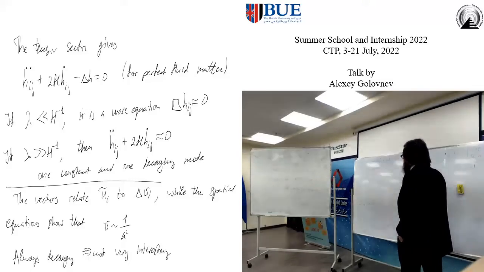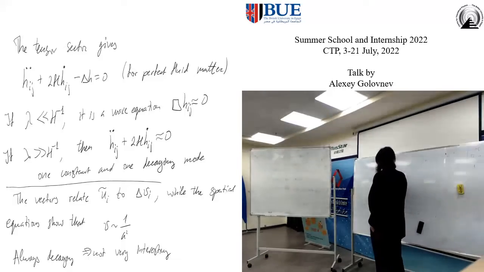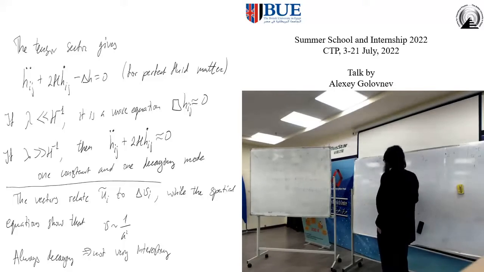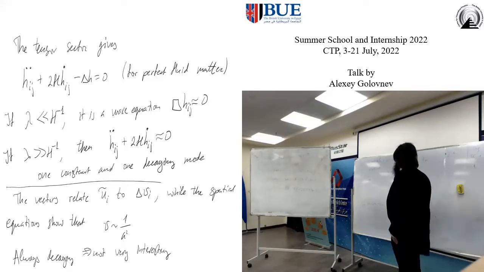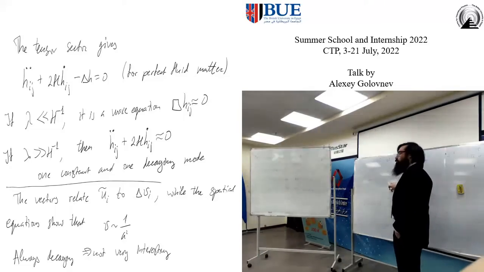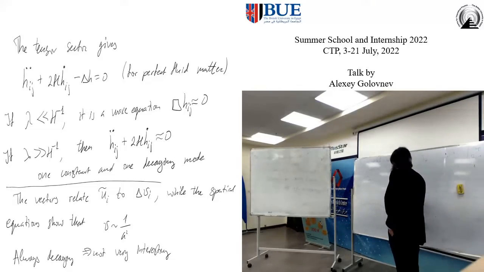That's an obvious solution. Another possible solution is that h dot over h is equal to minus 2a dot over a, which means that h dot decays like 1 over a squared. That's in conformal time. In physical time, of course, there is a difference. In physical time, it would be like 1 over a cubed.